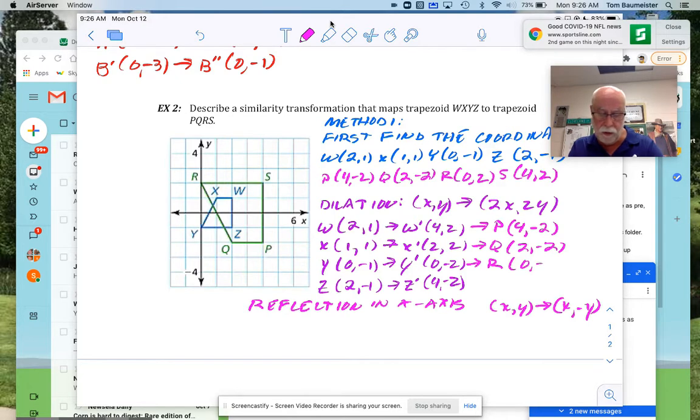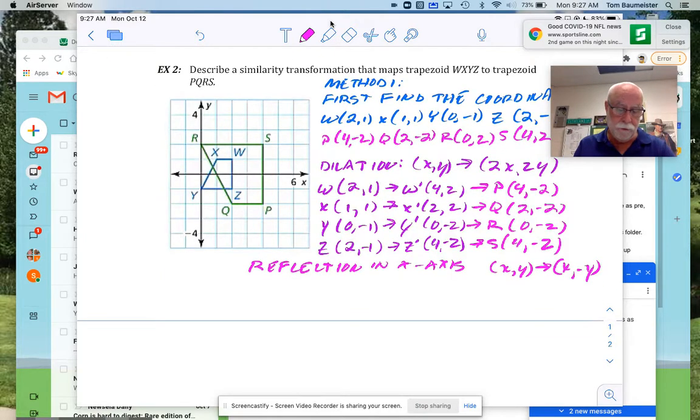The x value stayed the same, and the y value is the one that switched. So on here, our answer would have been a dilation of 2 and a reflection in the x-axis. All right.